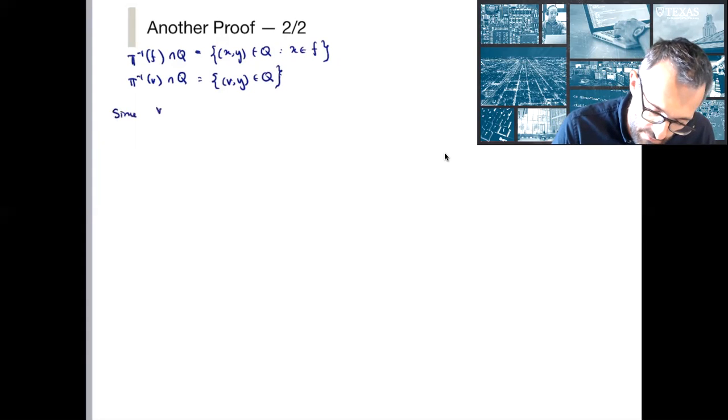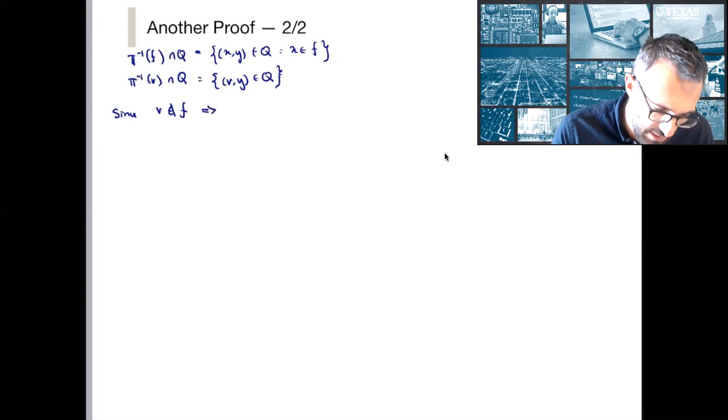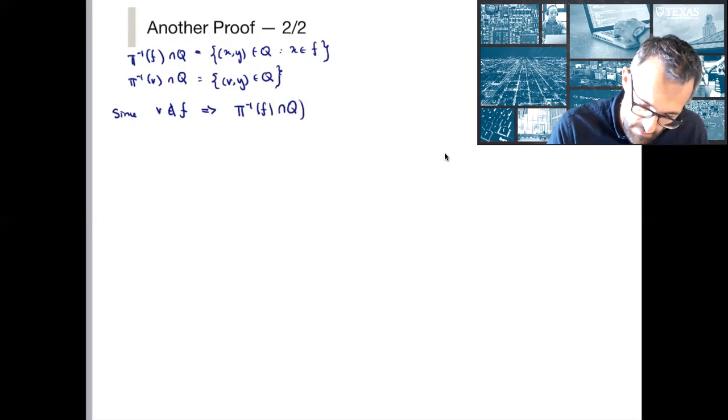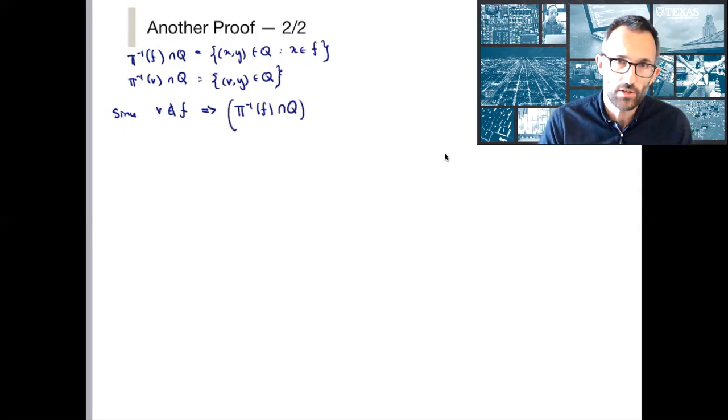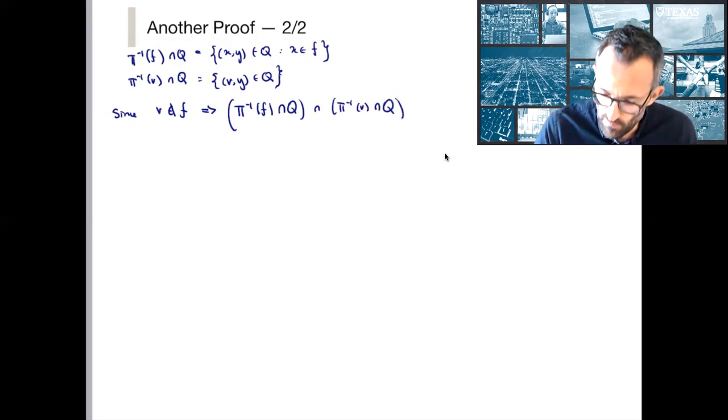Since v is not an element of f, we're interested in the cases where f(v) evaluates to 1, then this implies that π inverse of f in Q has no intersection with π inverse of v in Q. There's a lot of notation here, but actually this is quite straightforward.